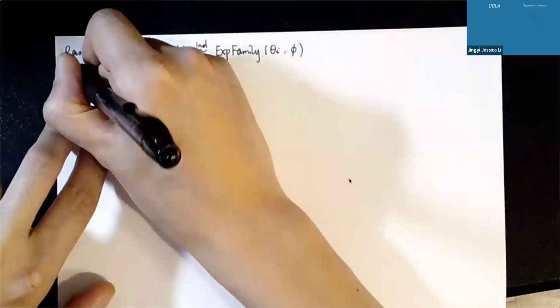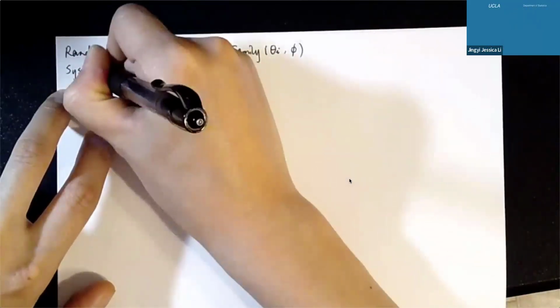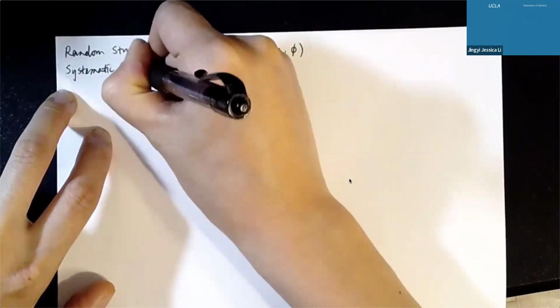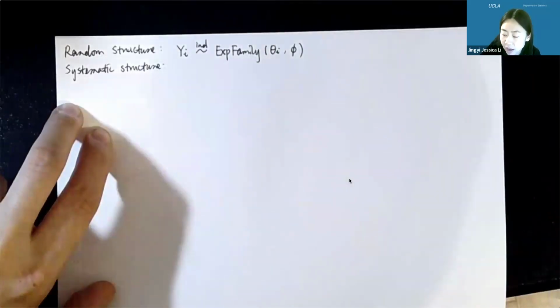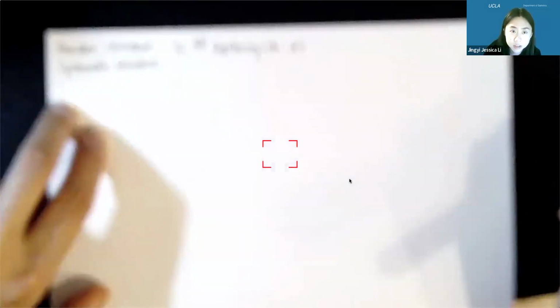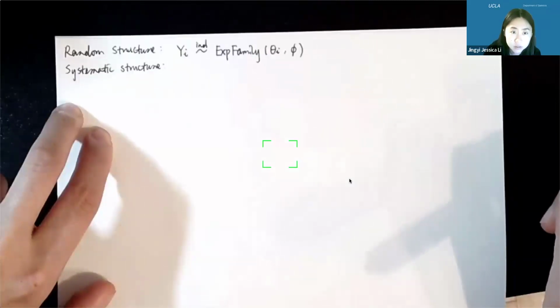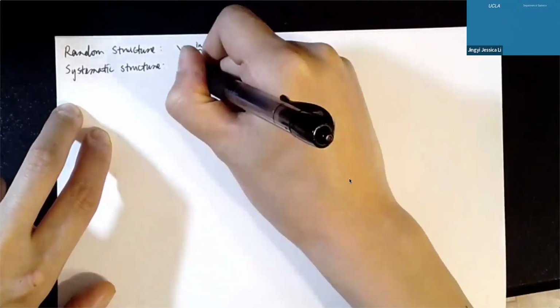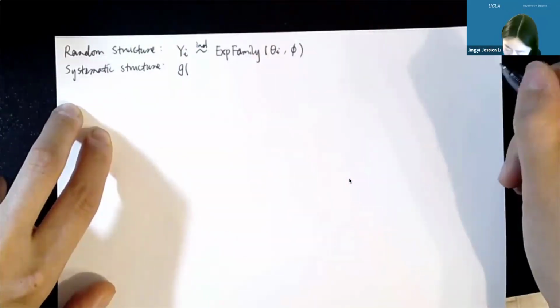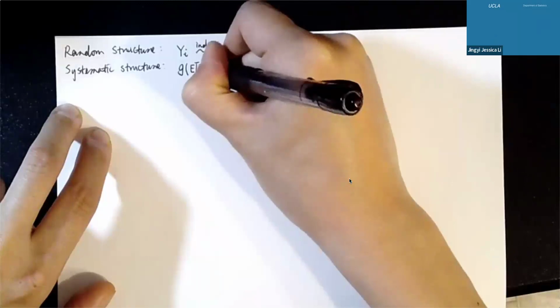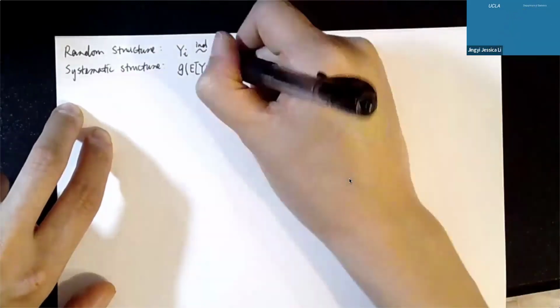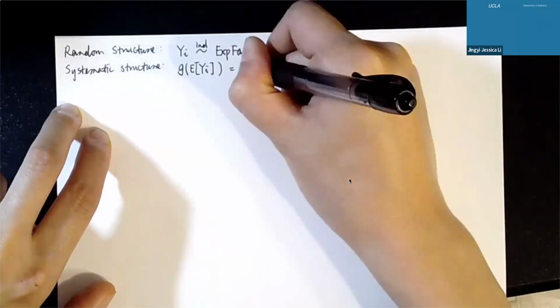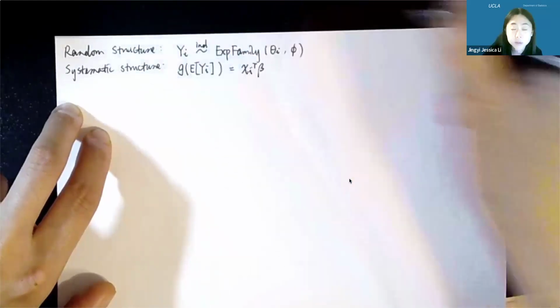And for the systematic structure, it is where we want to link our response to our covariates. So we want to link the response yi to the covariates of the ith observation, which we call xi. I'm trying to zoom in to give you better quality. We want to link the expectation of yi, which we call mu i, with the covariates, xi transpose beta.